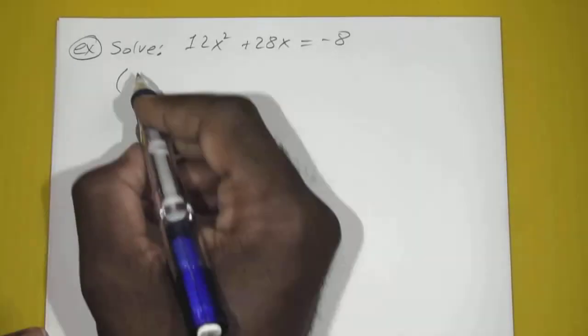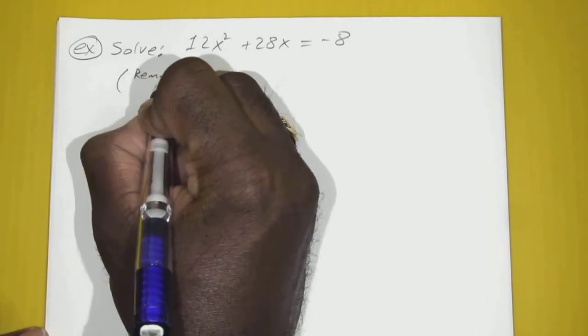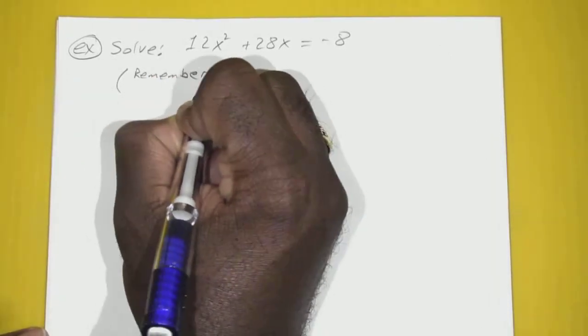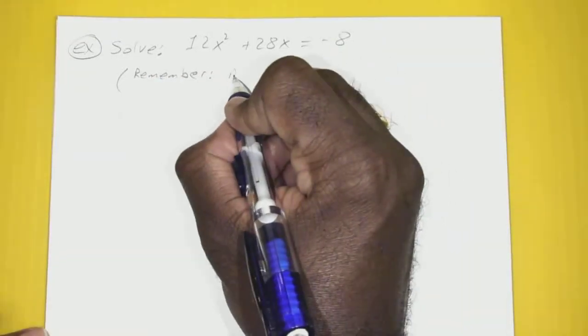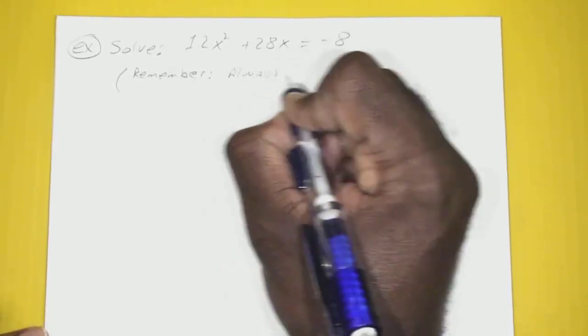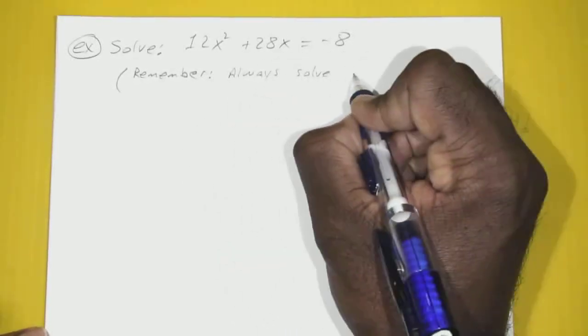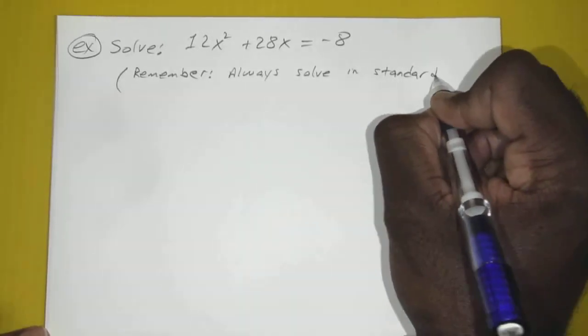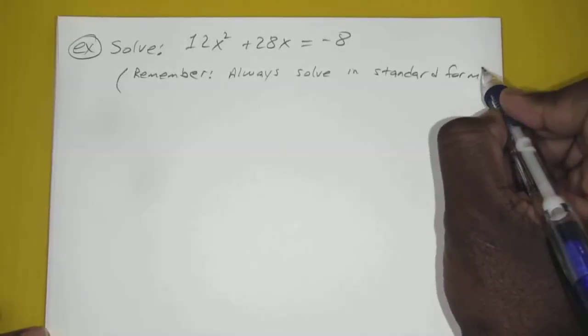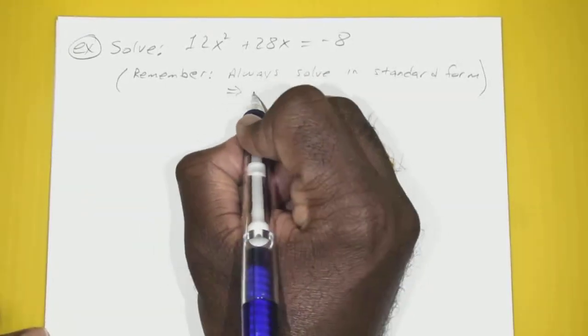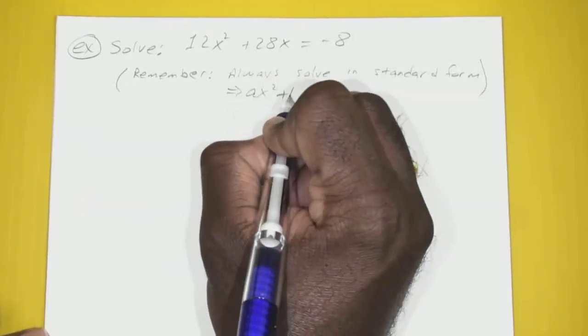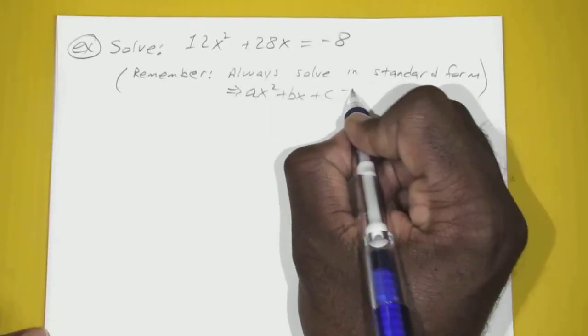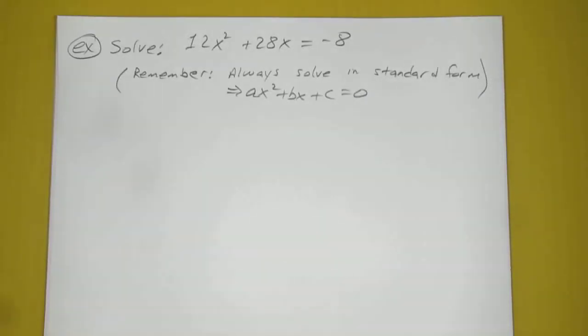Okay, so the first thing you always want to remember is always solve it in standard form. And that's your ax squared plus bx plus c equals 0. So in other words, bring everything to the left side and make it equal to 0.